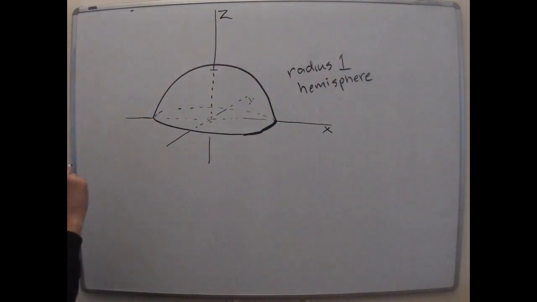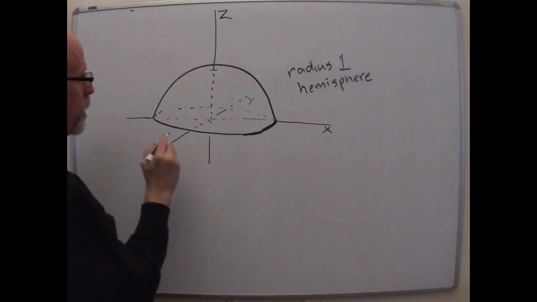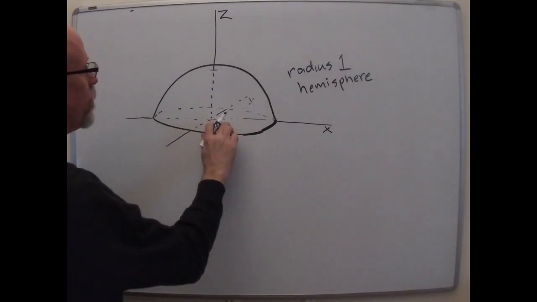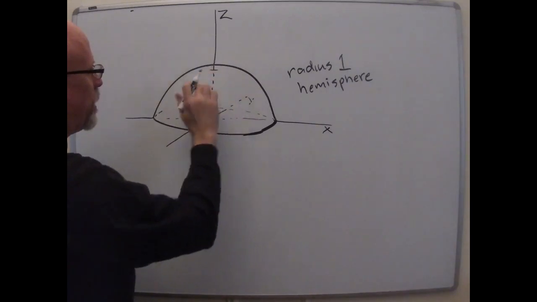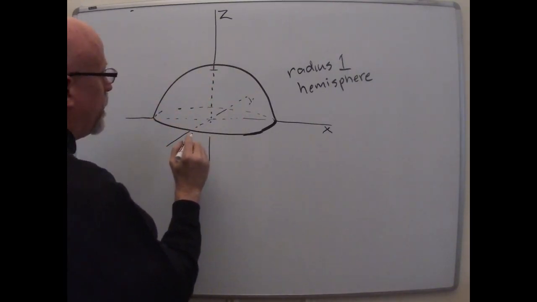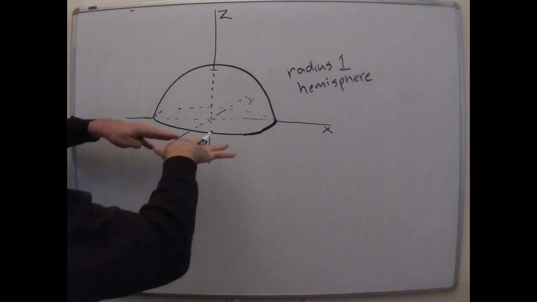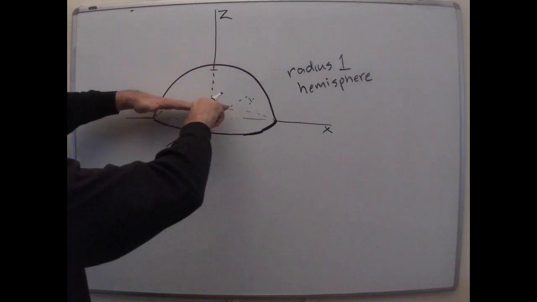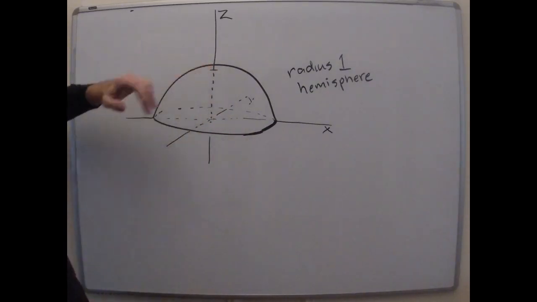The density I want is unit density down here, tapering off to half a unit density at the top. So the density is in layers. We'll have density 1 down here and getting lighter and lighter until it's at density 1/2 up here.